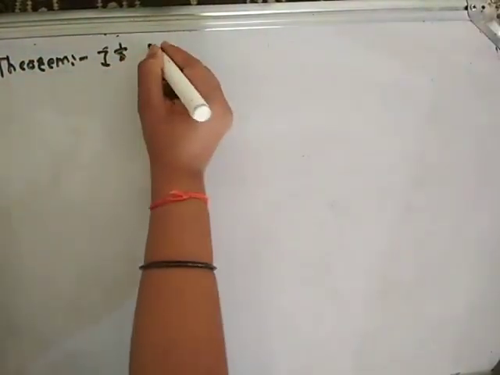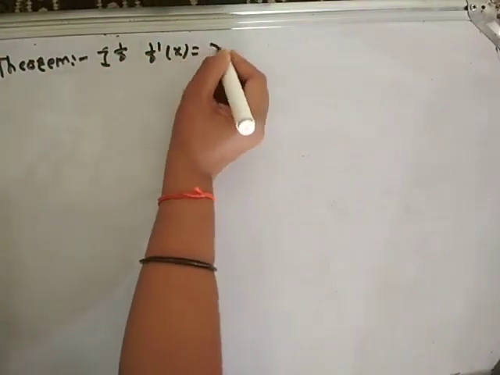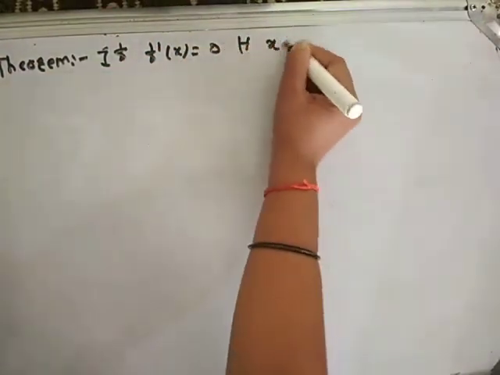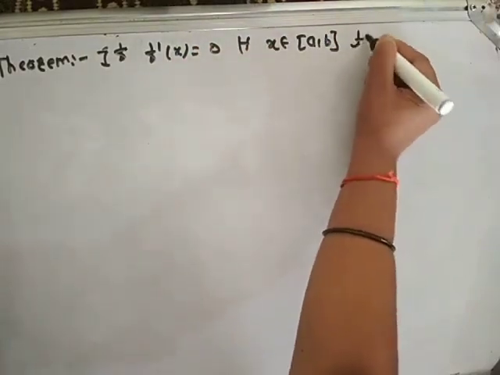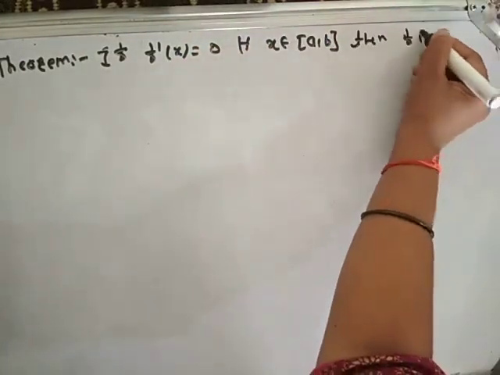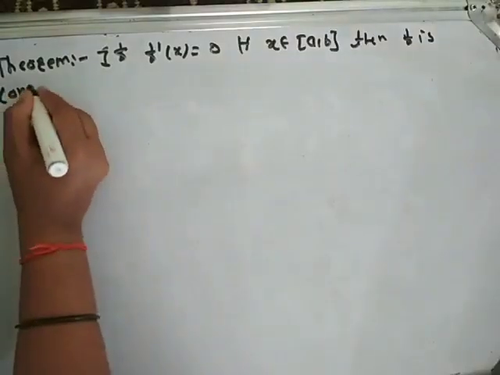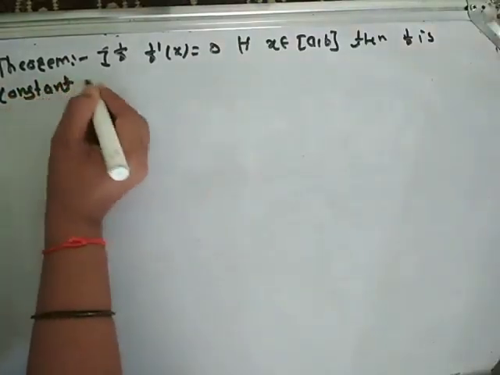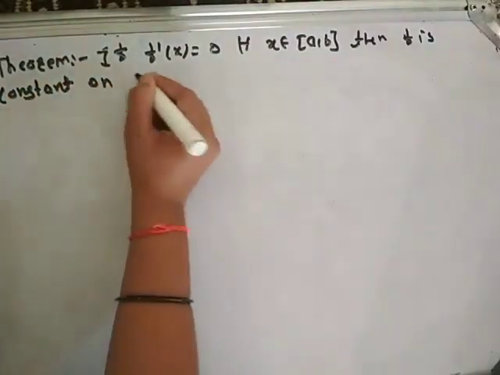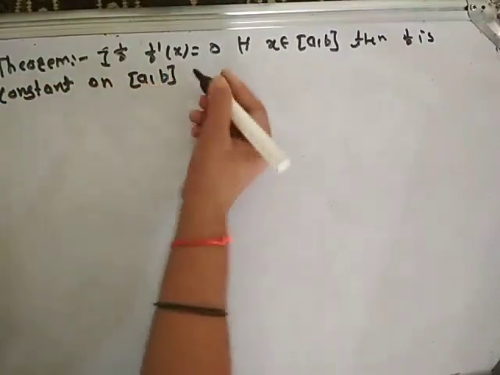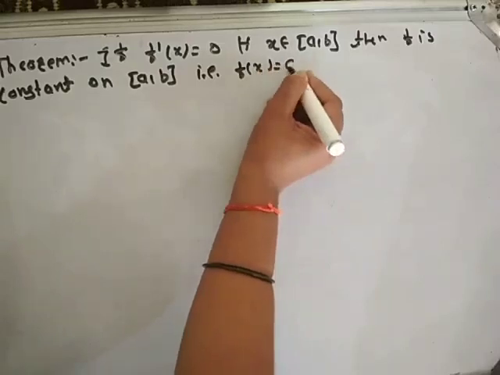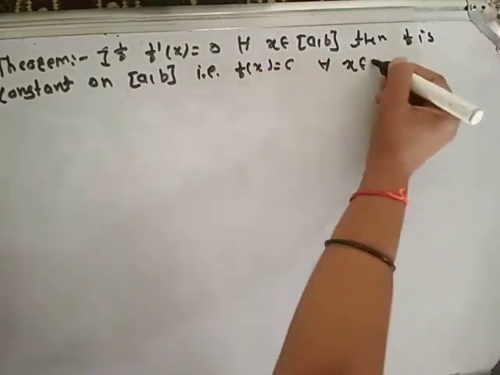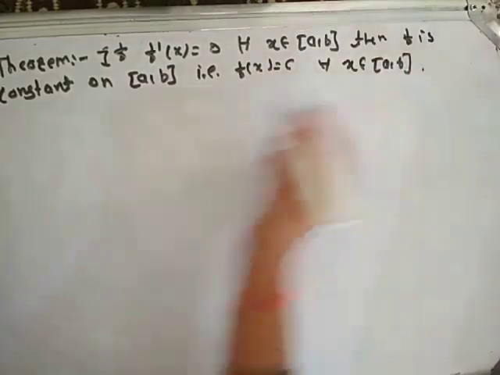If f'(x) is equal to 0 for all x belonging to closed interval [a, b], then f is constant on closed interval [a, b], that is, f(x) is equal to c for all x belonging to closed interval [a, b].